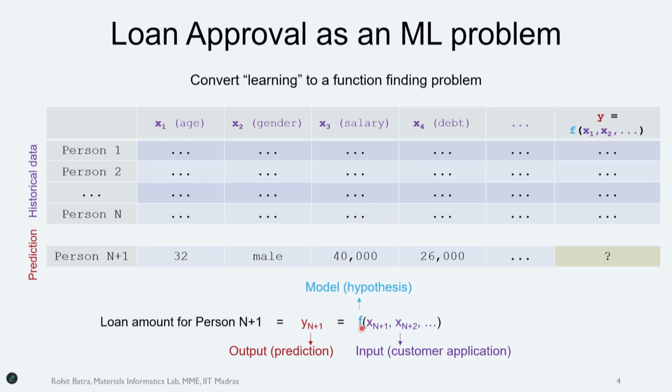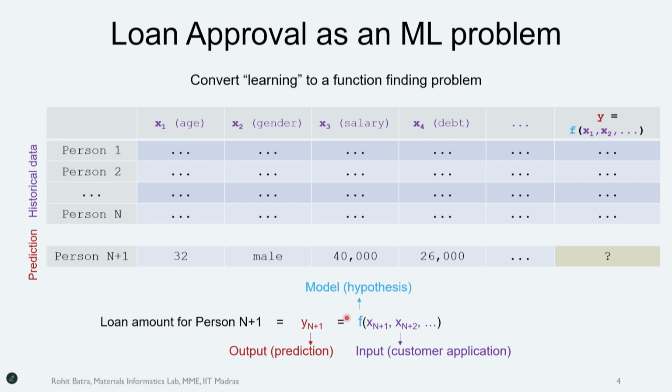This is your hypothesis, your machine learning model. The input to the function is the history or the form of that person. In other words, these are the features or attributes of that person, and the output is the prediction, an estimate of the good amount that can be given as loan. So this is how the bank can solve this problem.